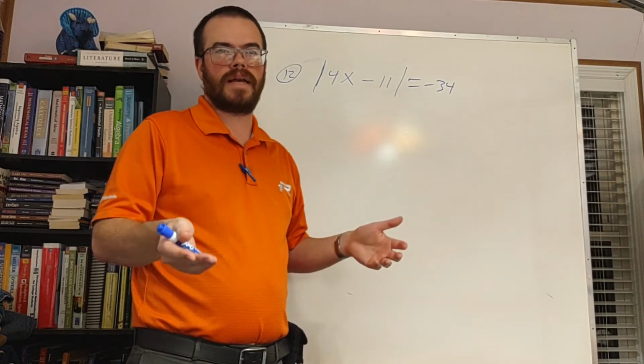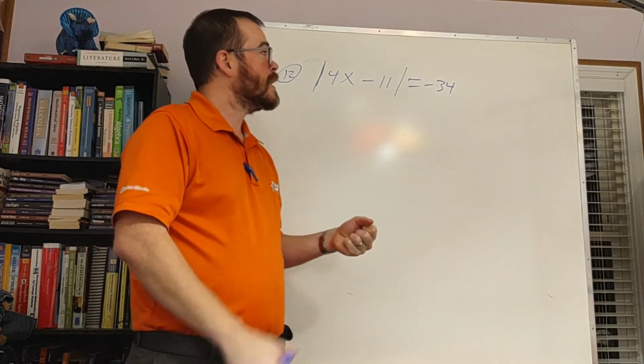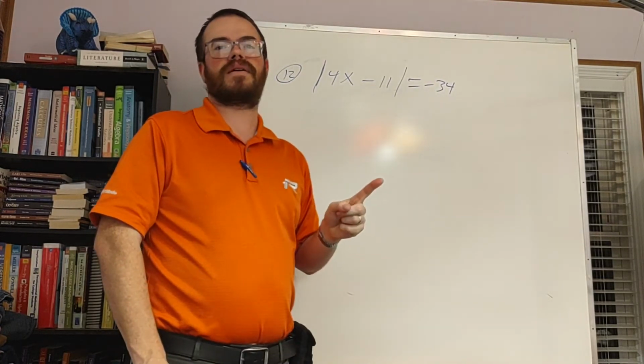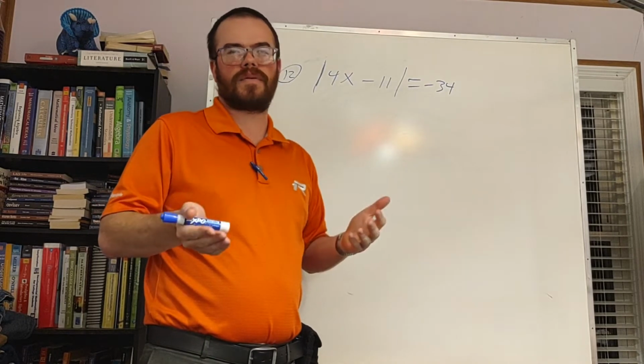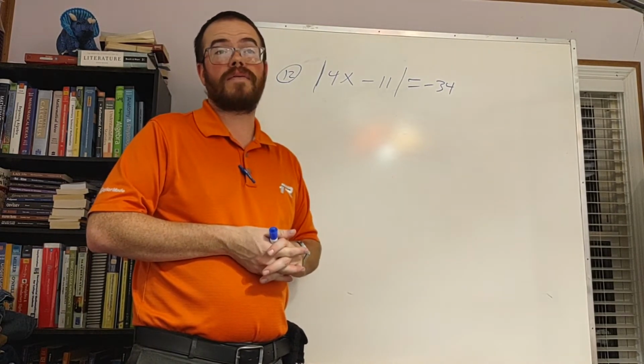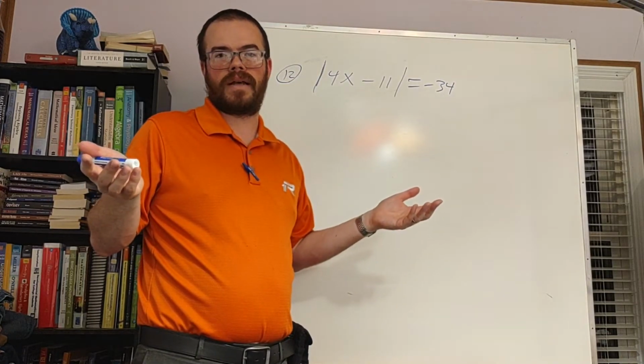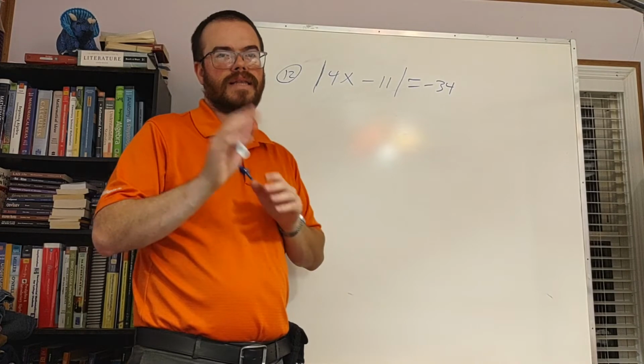Doesn't matter what you plug in, it should be positive when we take the absolute value of it. This one's not. So what value could we plug in for x? There is no value that we can plug in for x that's going to do that. So we would say this is no solution.